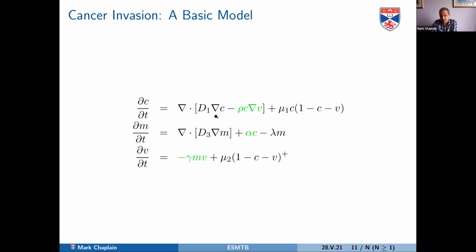And then here we have, again, a little bit of random motility for the cancer cells, which is probably always there. But the main mechanism of migration is the directed migration, the haptotaxis, which is motion up density gradients of the extracellular matrix V. So the system is coupled through the cancer cells secrete the enzymes, degrade the tissue, which forms gradients, and then the cancer cells use those gradients to move.